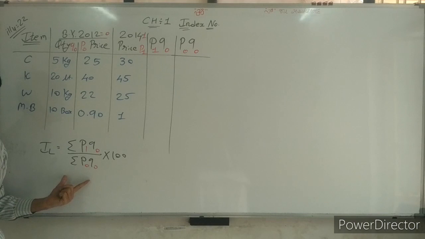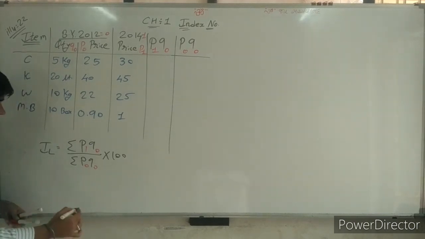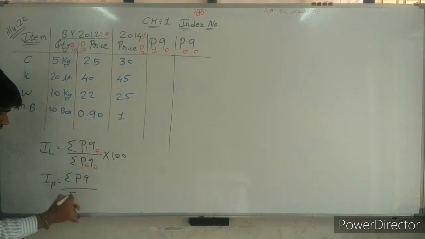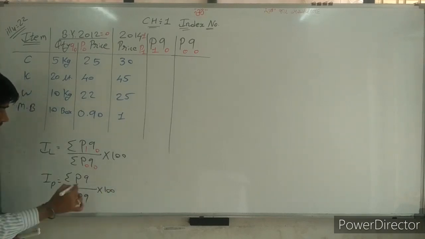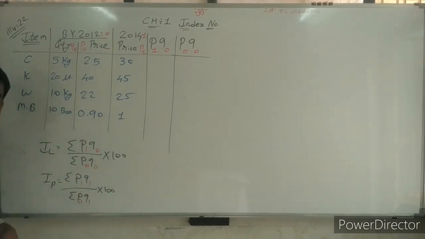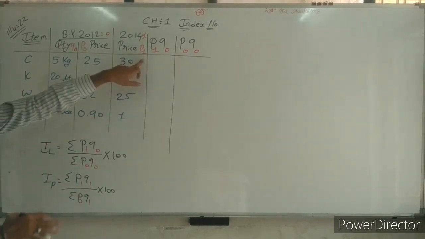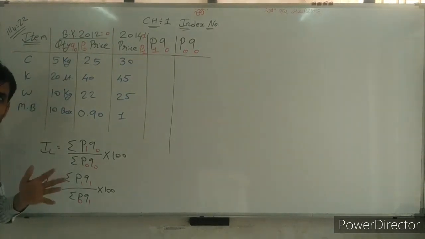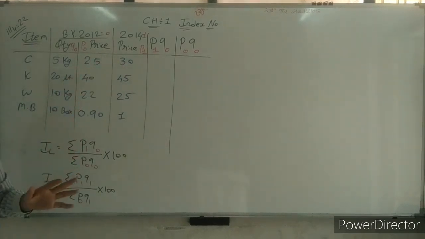Now think, suppose Paasche index. Now think P1Q1. P1 is there. Is there Q1? No sir, there is no information about Q1. So P1Q1 I cannot find.